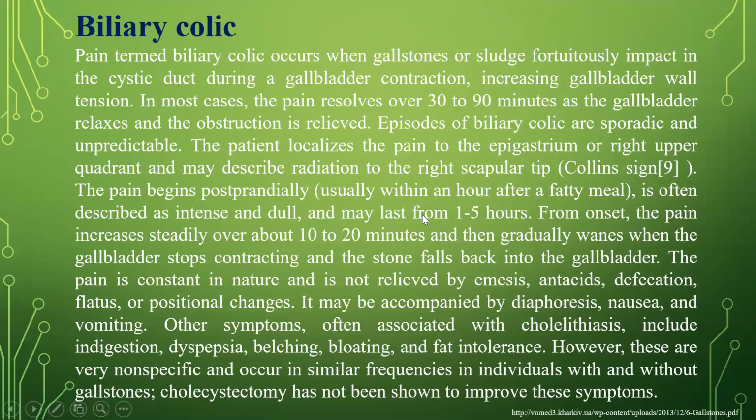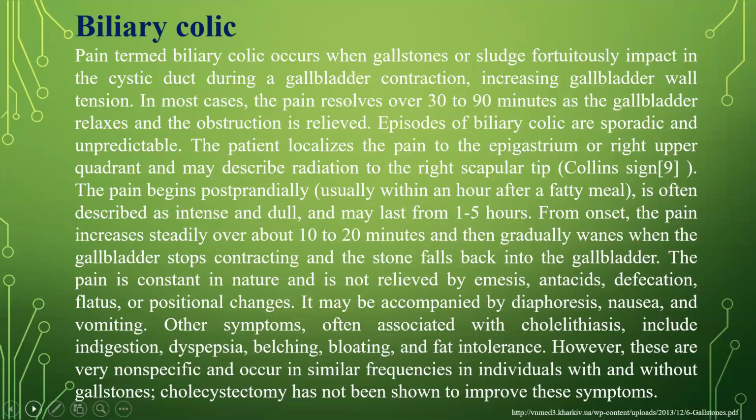In case a patient has symptomatic gallbladder disease, it usually takes the form of biliary colic. In this situation, the pain termed biliary colic occurs when a gallstone or sludge fortuitously impacts in the cystic duct during gallbladder contraction, increasing gallbladder wall tension.